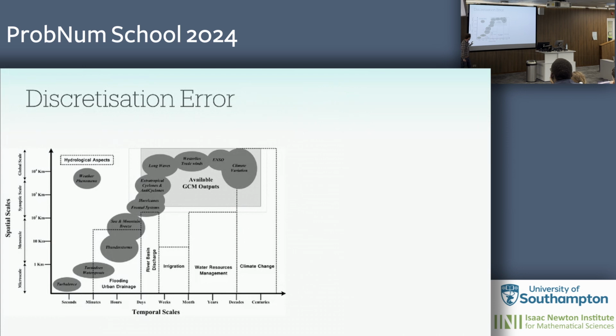So the point here being that sort of everything up here, up this diagonal, has an influence on the future evolution of weather and climate. But if we look at what climate models are able to resolve, at least as of when this figure was produced, we really can only see this top right-hand corner.